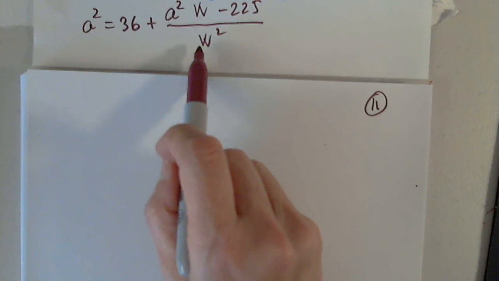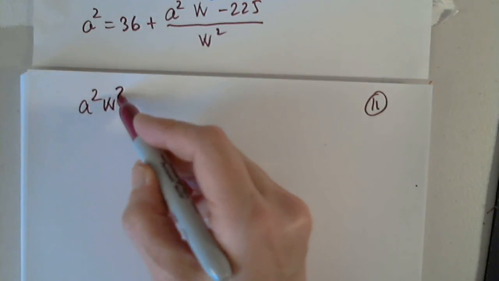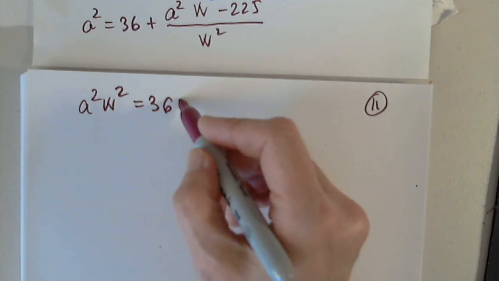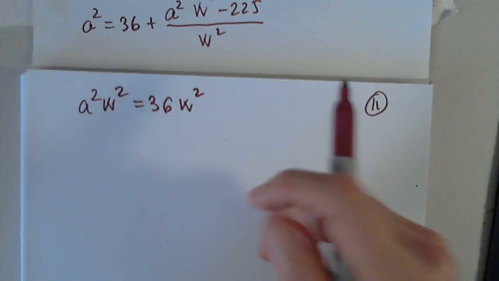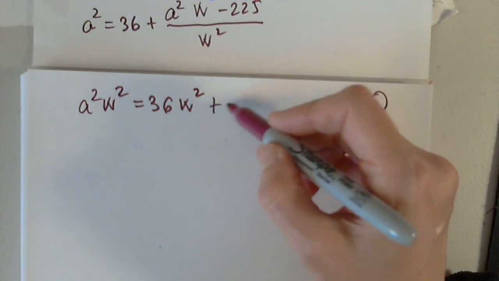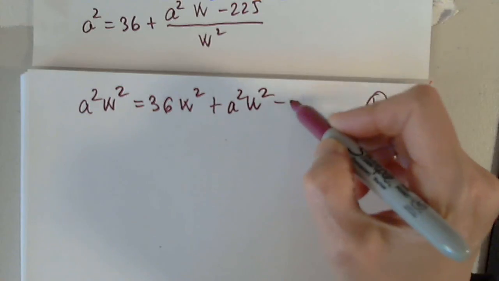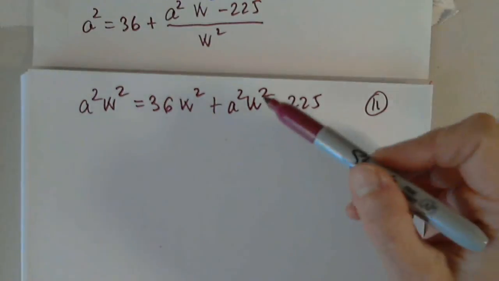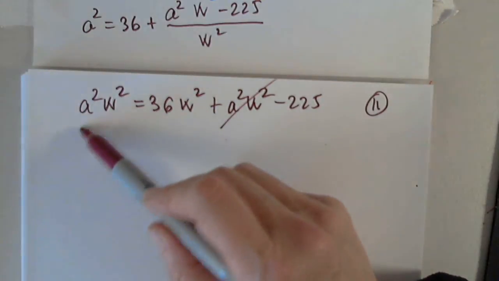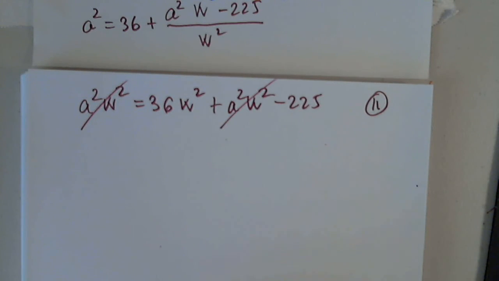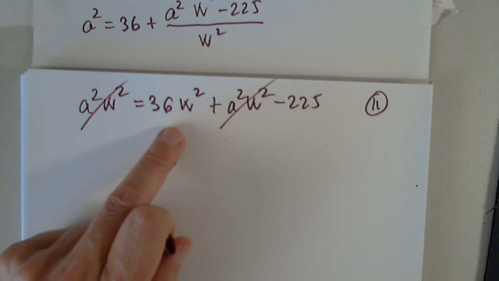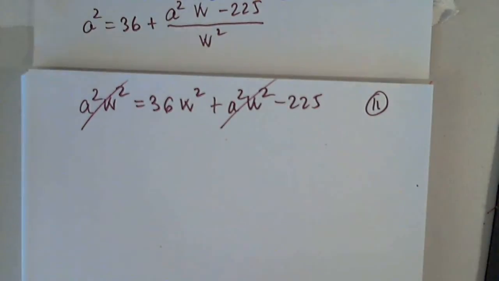Okay, so I have A squared W squared equals 36 W squared, multiplying both sides by W squared, plus A squared times W squared minus 225. I did not expect that to happen. I want to get rid of A squared, but I didn't expect that to happen.